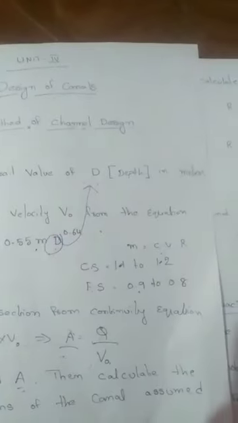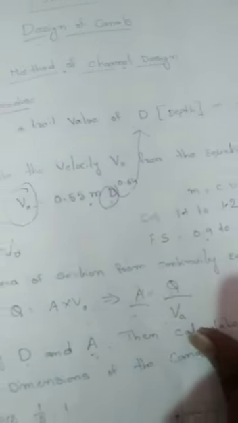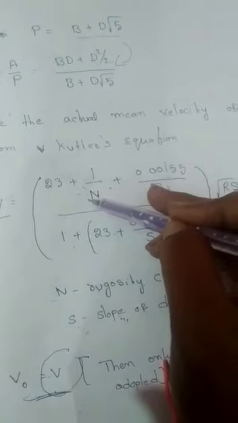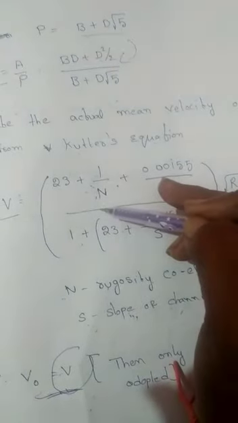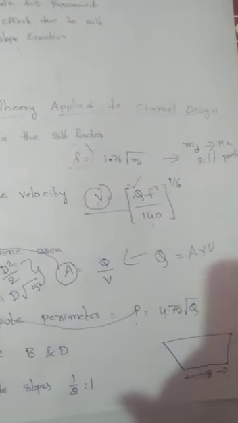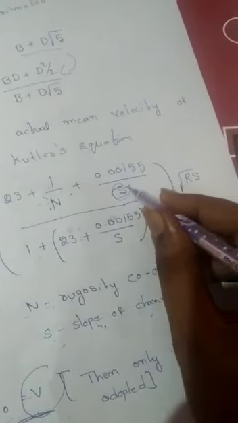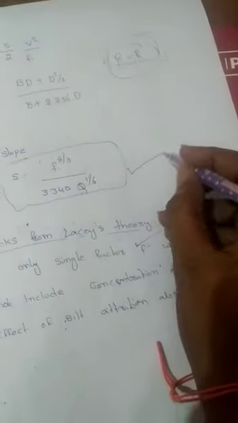Next, Kennedy's uses Kutter's formula to calculate the velocity, and Lacey's uses his own formula to calculate the velocity. Next, Kennedy didn't give any equation to calculate the bed slope, but Lacey gives a slope equation. So these are the major comparisons between Kennedy's and Lacey's.